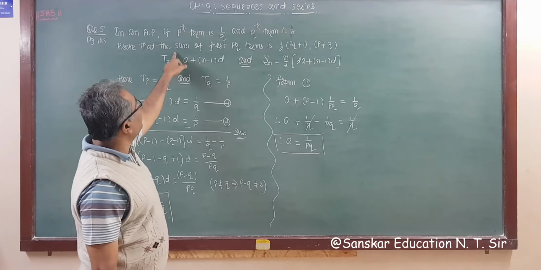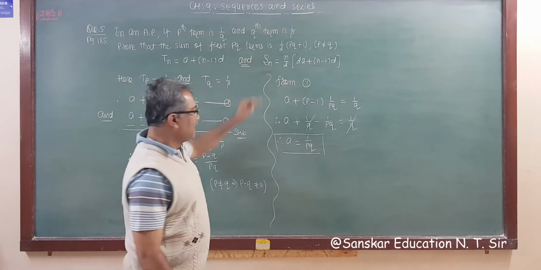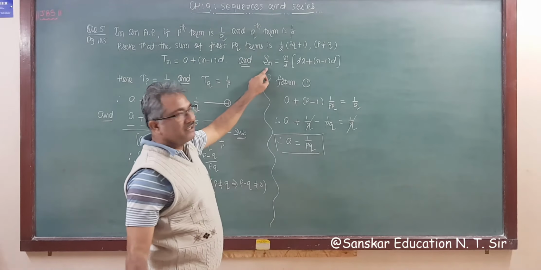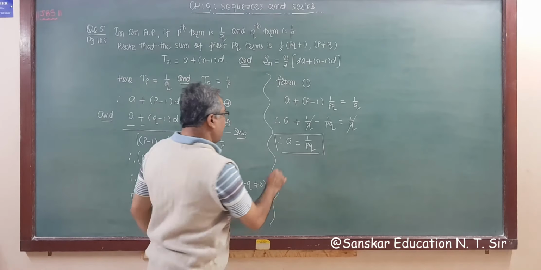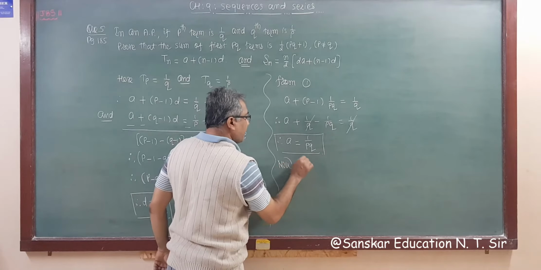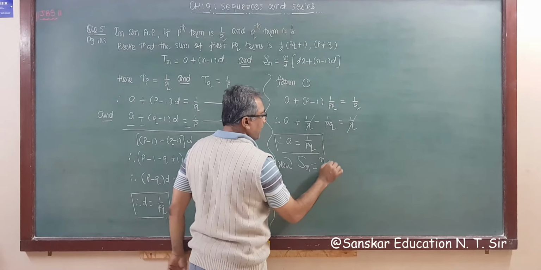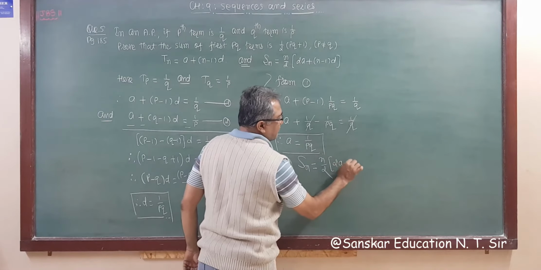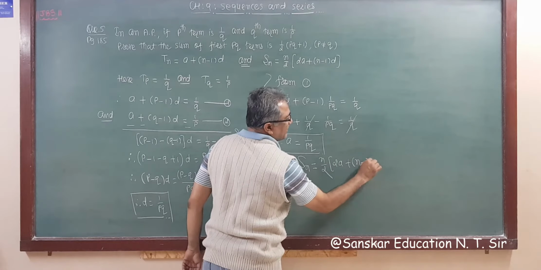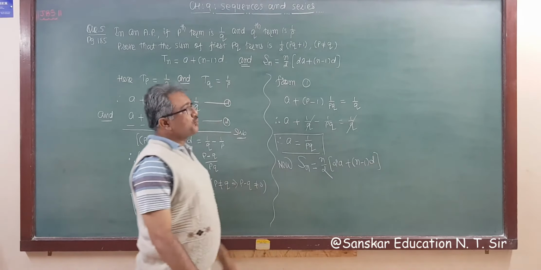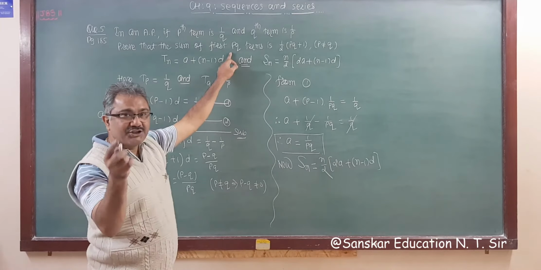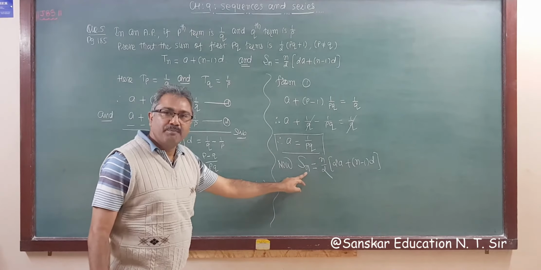Now find the sum of first pq terms. The sum of n terms is Sn is equal to n by 2 times (twice a plus (n minus 1) into d). So for the sum of first pq terms, instead of n we substitute pq.